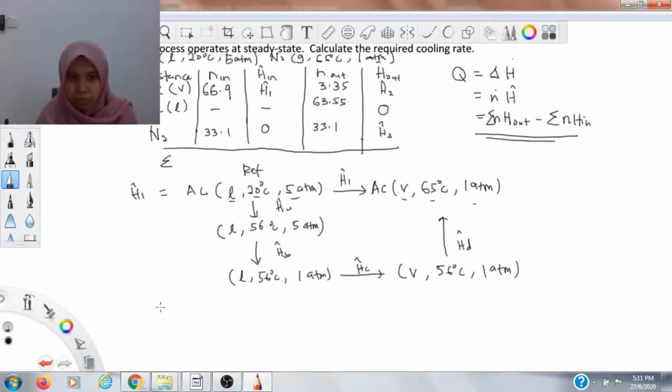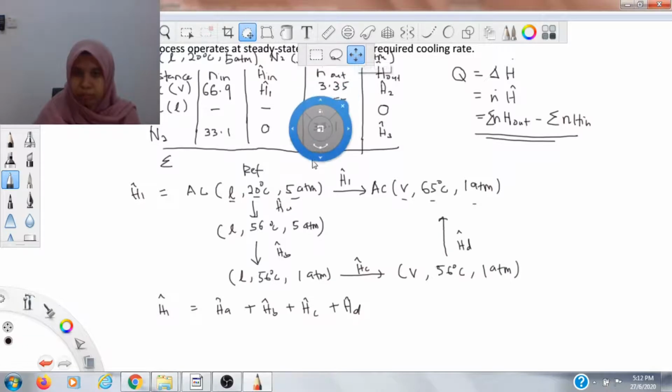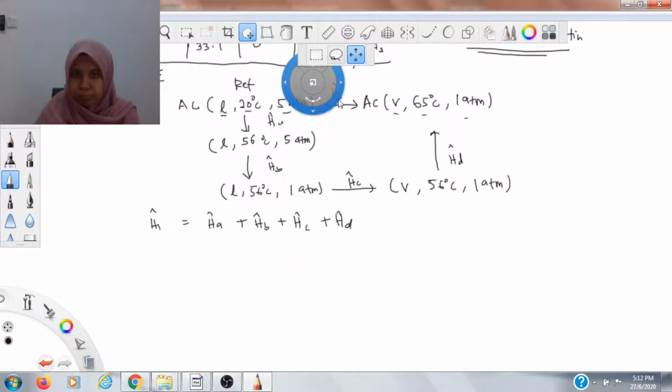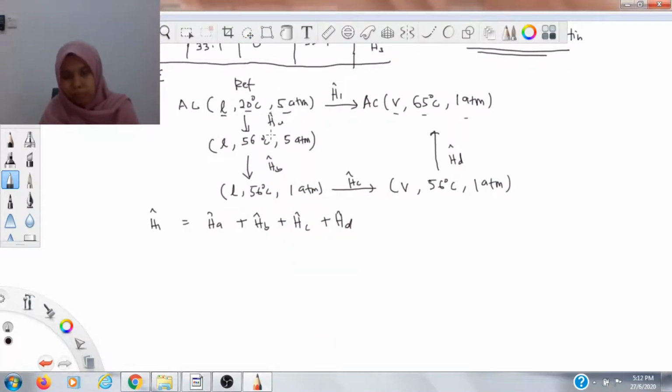So it can be summarized that to obtain H1, we have to sum up HA plus HB plus HC plus HD. The calculation will be a little bit longer, but just be careful, do it slowly, step by step. Next, HA.